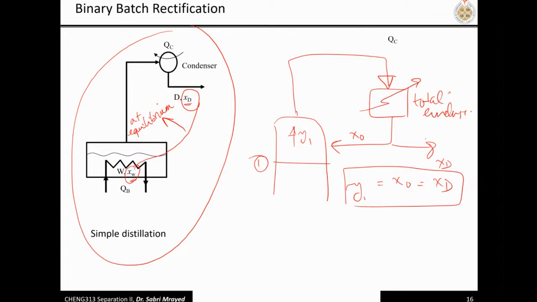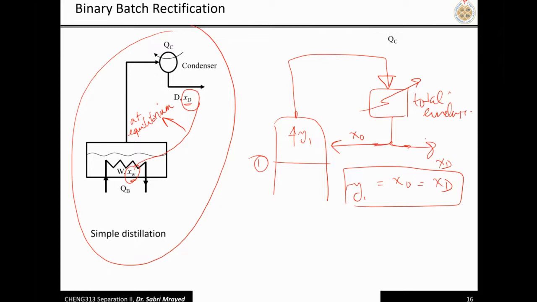Yes. Why is that? Because the whole vapor is condensing, and all we're doing here is just splitting. We have a splitting point here.